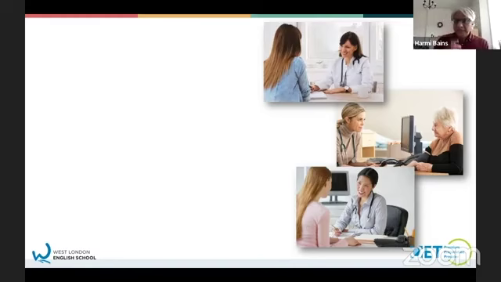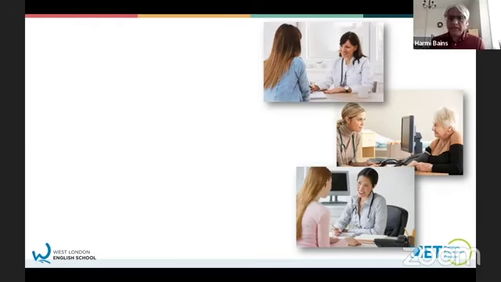And remember, when you do these consultations, put yourself in the position of the patient. If you can see these three pictures here, I'd be quite happy to be a patient of all of these doctors and nurses. Attentive, listening, smiling, and making the patient feel comfortable. So don't make your language too formal.